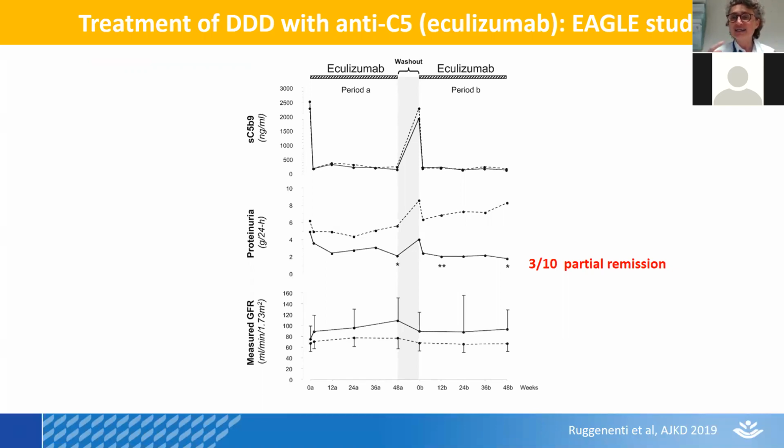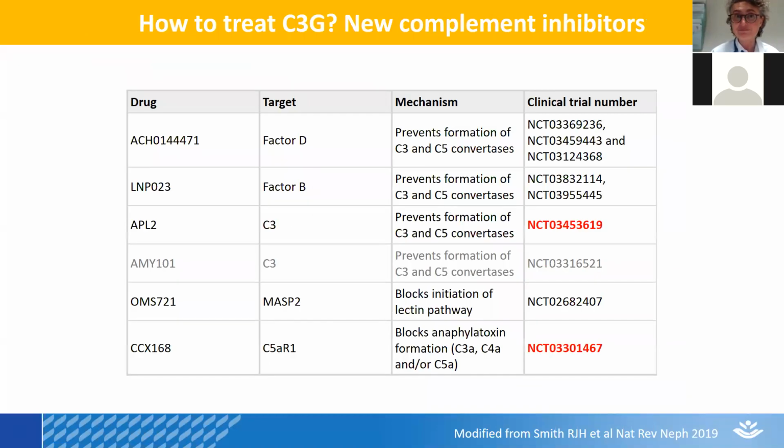This really highlights the heterogeneity of C3G and how the dysregulation of the complement alternative pathway is different in different individuals. So you really have to study it carefully to try to understand how to best treat each individual patient. But it's not a one-size-fits-all situation, unfortunately.